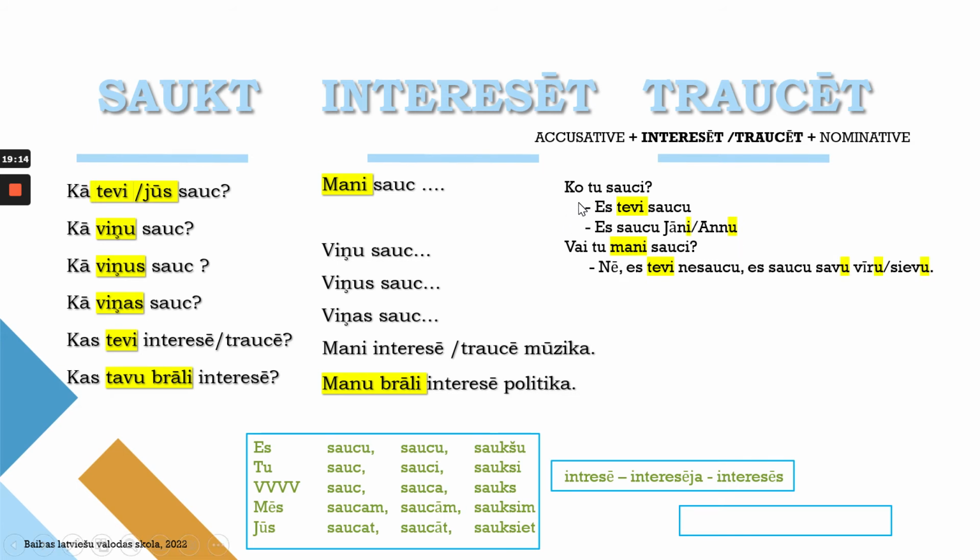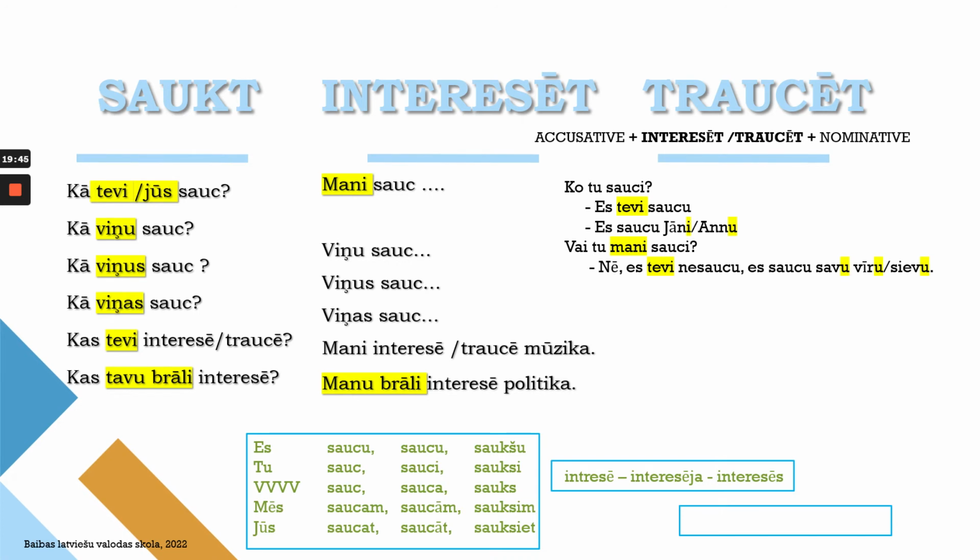Short conversation. Ko tu sauci? Whom did you call? Es tevi saucu. Or another possible answer. Es saucu Jāni. So I called Jānis. Es saucu Annu. Vai tu mani sauci? Did you call me? What would be the best English word?